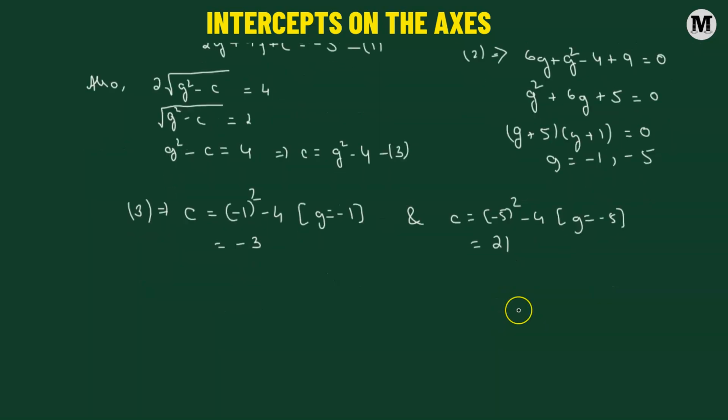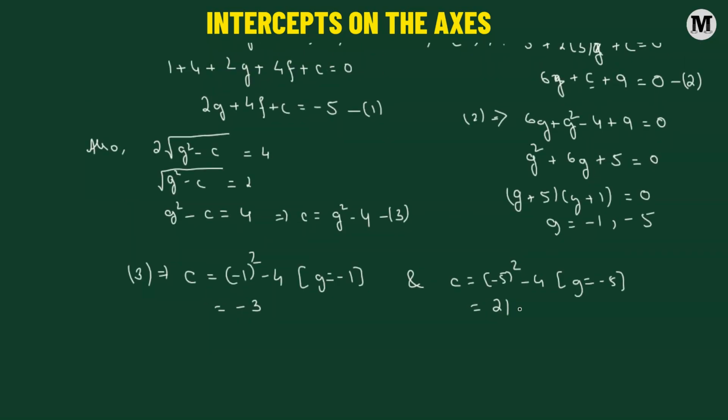Fine. Now let's find out the value of f. Go back to equation number 1. Now we have the c value equals -3, g value equals -1. Then the corresponding f value is going to be, we have 2 times -1 plus 4 times f plus c. So c is -3, equals -5.